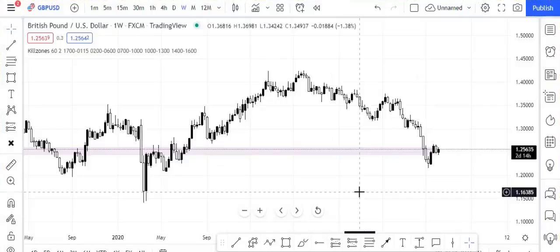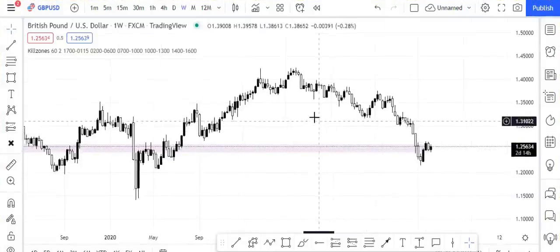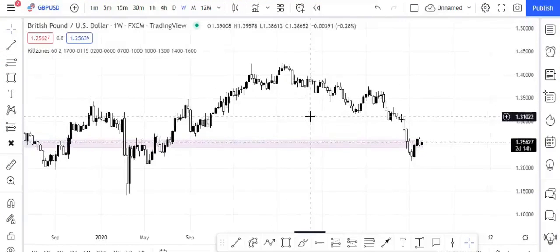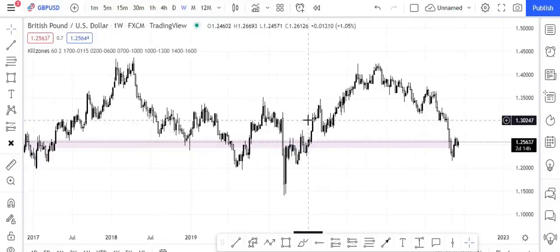Now guys, this is pound dollar, and here is the weekly time frame. This can be your daily time frame, it could be your H4 like I told you, but I've just decided to use the weekly time frame to have a better picture of what the market is about to do. And as you can see, when you get to a higher time frame, what you should be interested in is your current swing in the market.